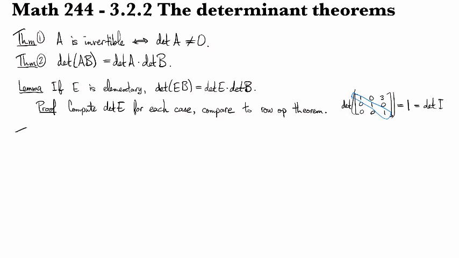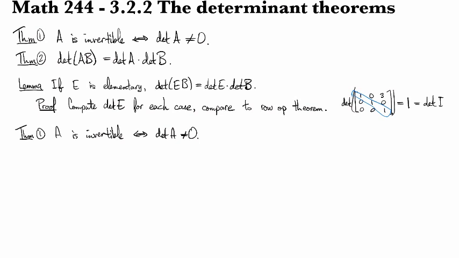So we'll do theorem 1 first now. This says A is invertible if and only if it has a non-zero determinant. This arrow goes both ways, so we have to prove a couple of directions.